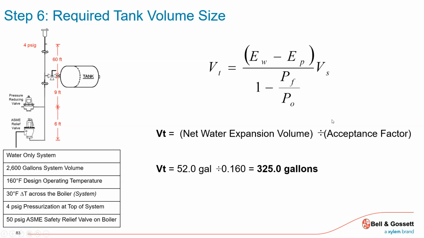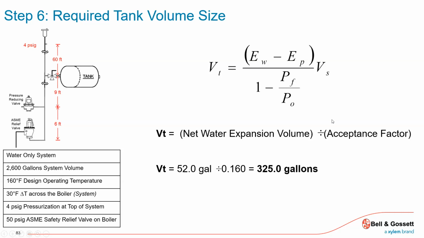I'm only accepting 52, but I have a fill pressure and a relief valve. As the water comes into the tank, the 52 gallons squeeze against the air, and as the pressure rises, I want to make sure it never rises to that 50 PSI.